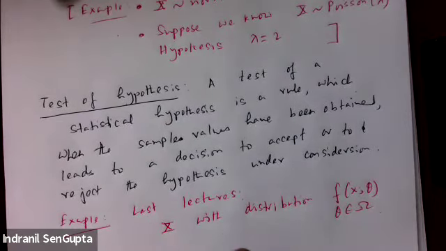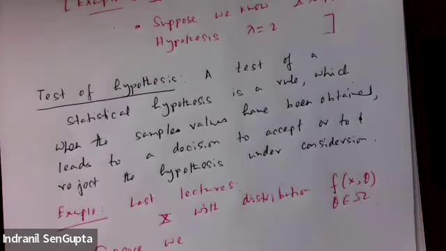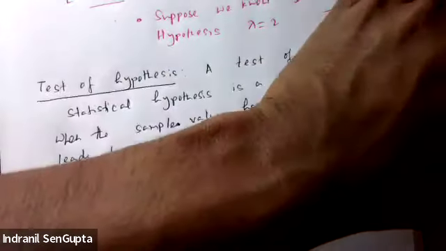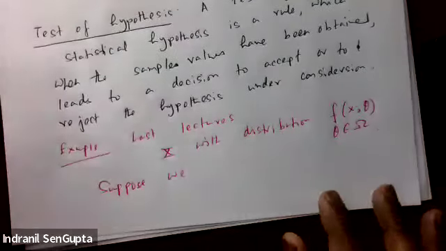Now we have seen a way to find the confidence interval for theta and many other things in the previous chapter, but here the objective is a little different.